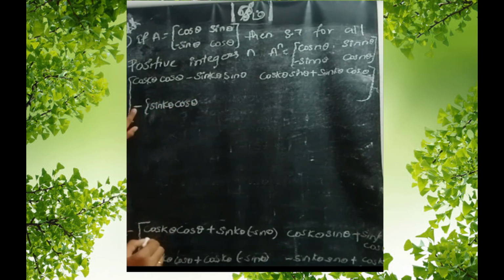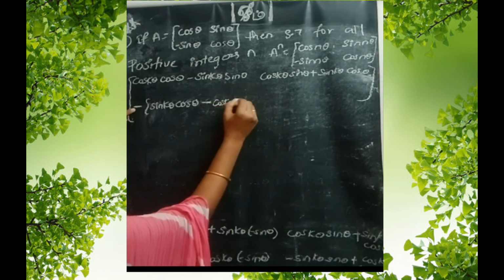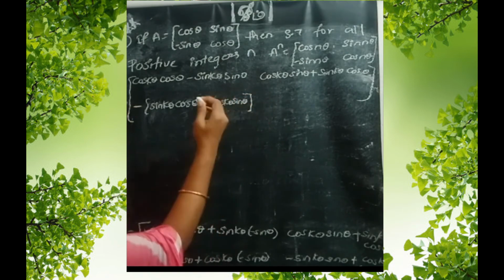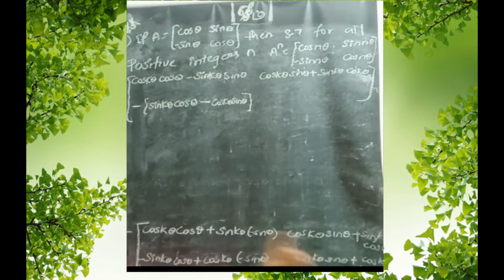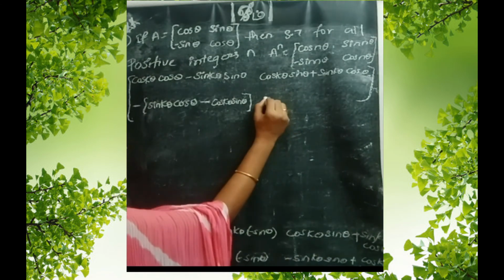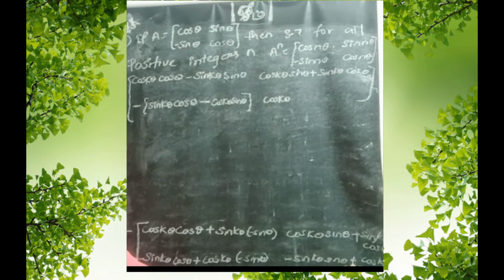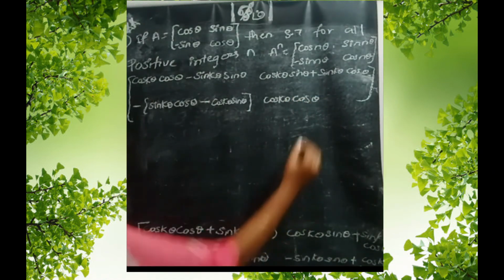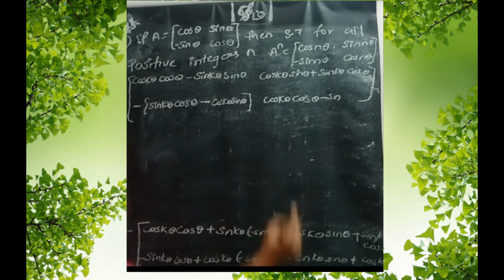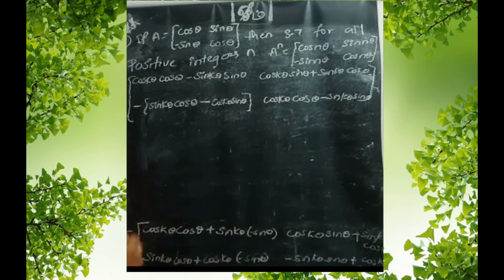Taking minus common, you will get minus cos k theta into sin theta. Don't confuse it. Write it once, then you can easily understand. So first I will write the positive one: cos k theta, because it is positive. So first write positive and then negative: minus sin k theta into sin theta.